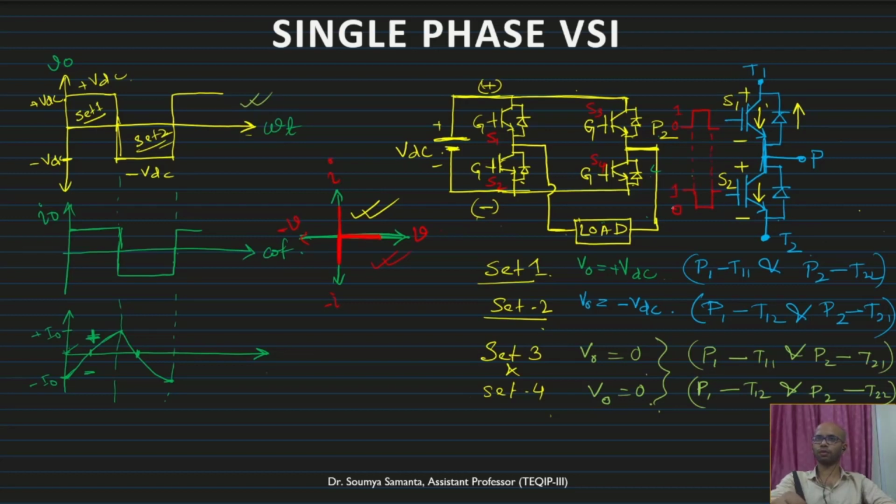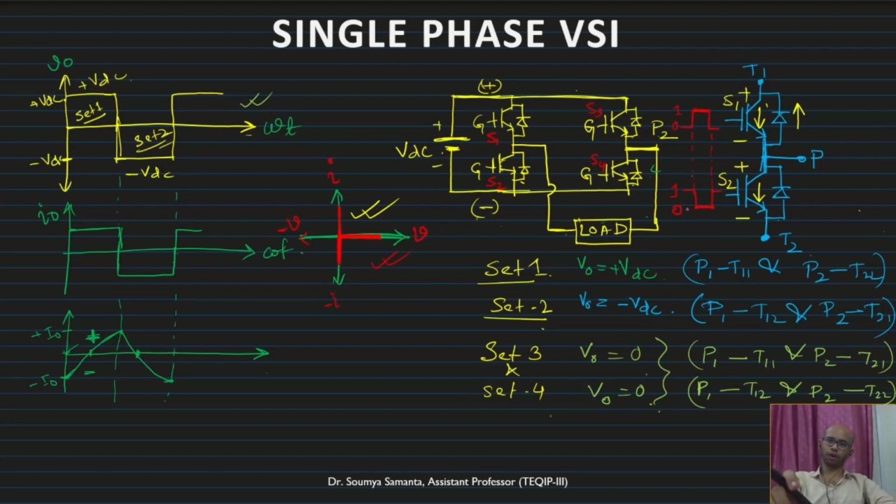When it is 1, this will be 0. Whenever we give 1, that means it is turned on; whenever we give 0, it is turned off. So whenever switch 1 is turned on, switch 2 will be off. Whenever switch 1 is turned off, switch 2 will be on, and vice versa. So this is the gating pattern.